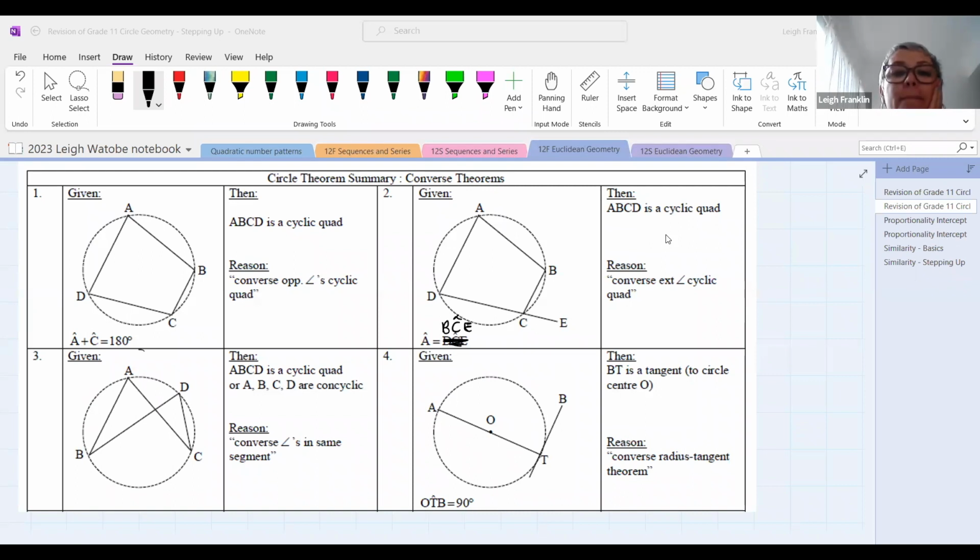All right, who's talking? Yes, Lusanda. Ma'am, I wanted to know, is it fine every time they give you a circle or a diagram to highlight your cyclic quads and your triangles so you can know how to work everything out? Absolutely, Lusanda. Absolutely, you're allowed to do that.